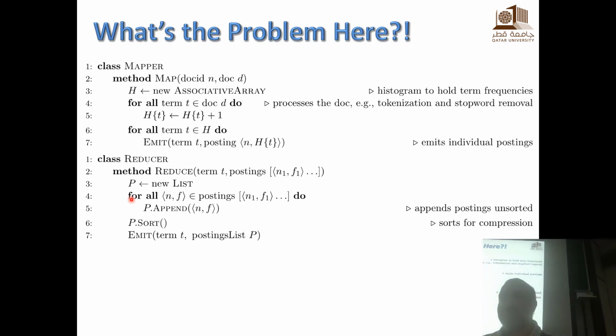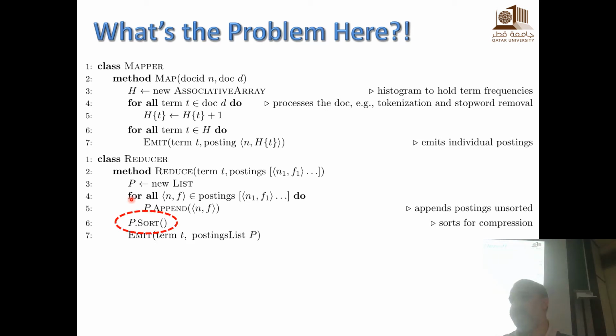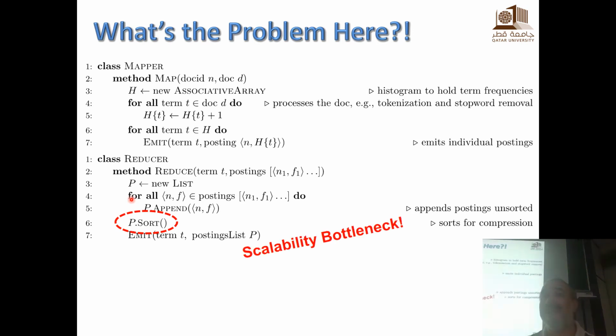Sorting on disk, of course, is not straightforward. So that's the main problem. In order to sort, we have to keep all of these postings in memory, which is a bottleneck. That will not scale.